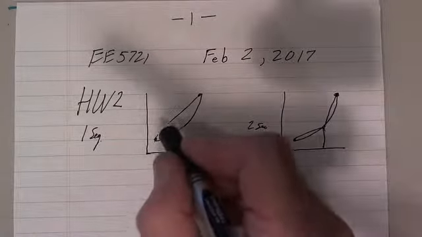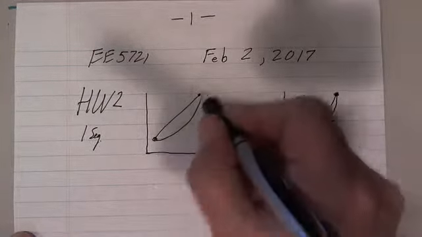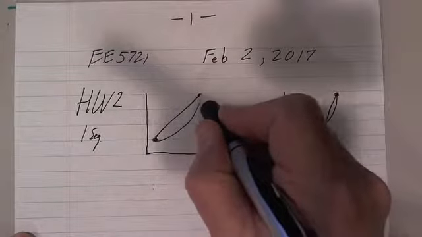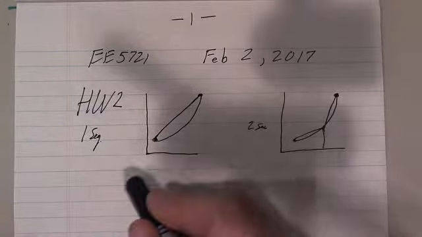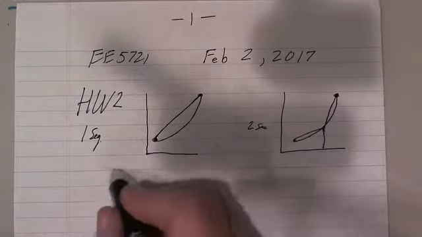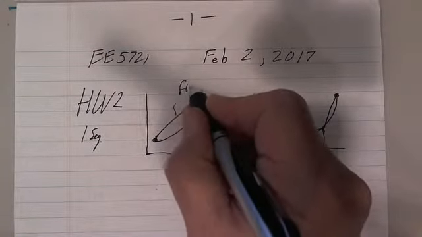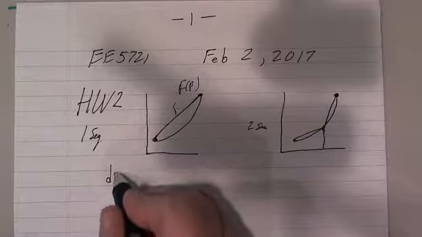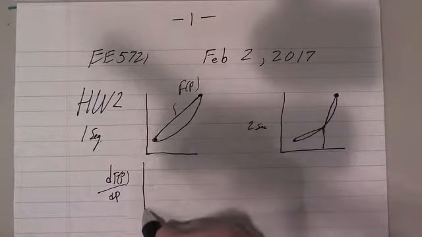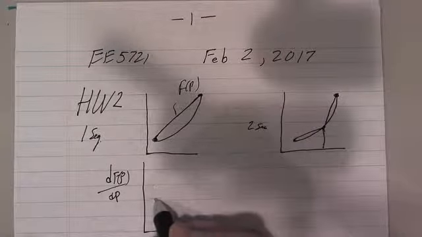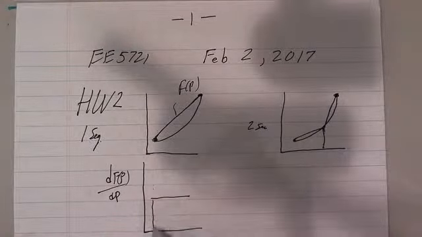Okay, so here's the cost function. It's the line, not the curve. So if this is f of p, then df of p dp is a straight line. So it literally looks like that.